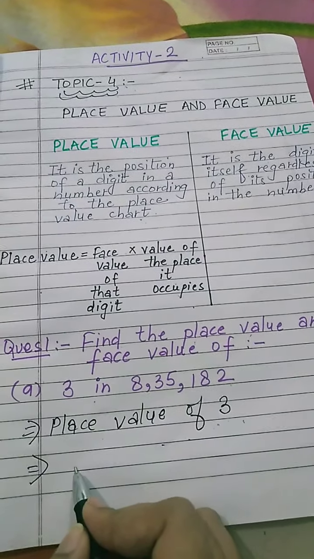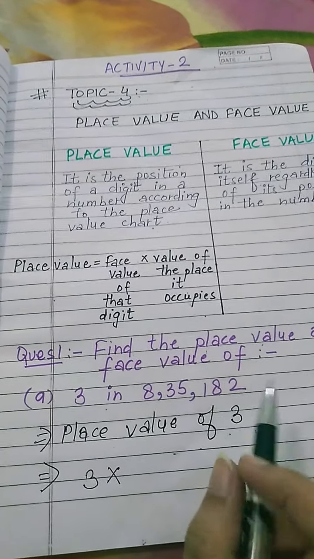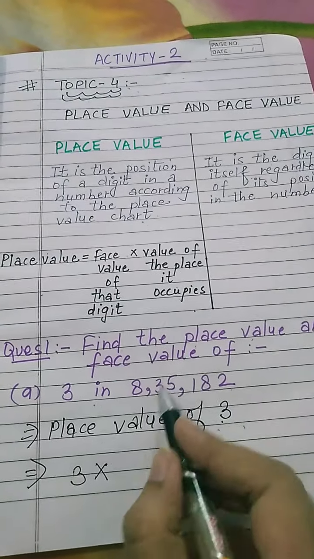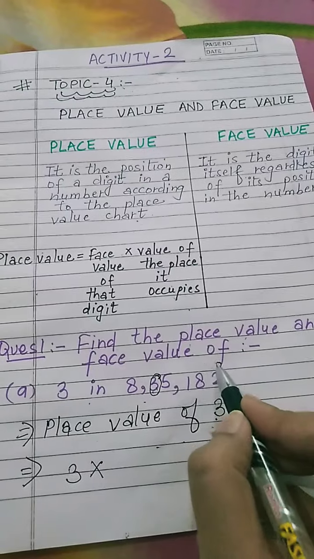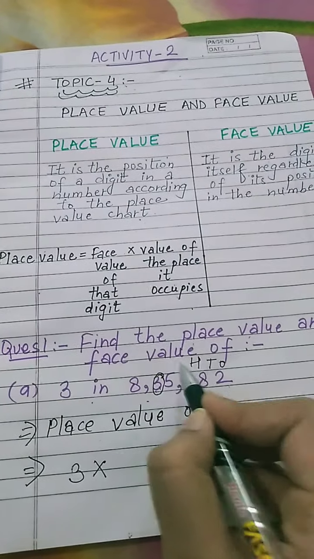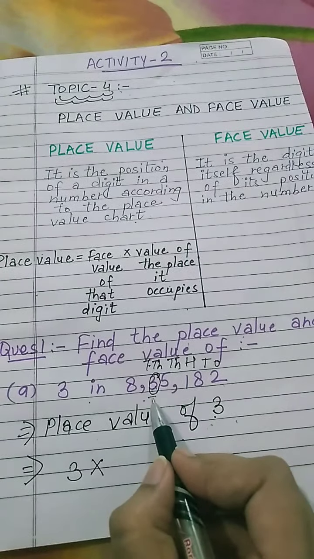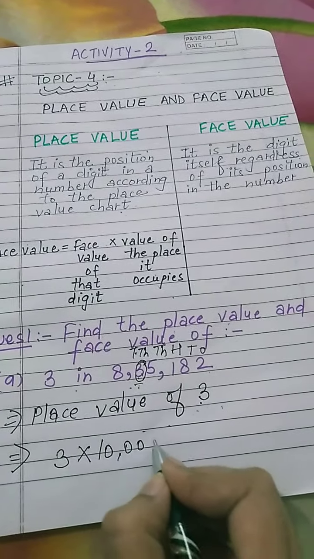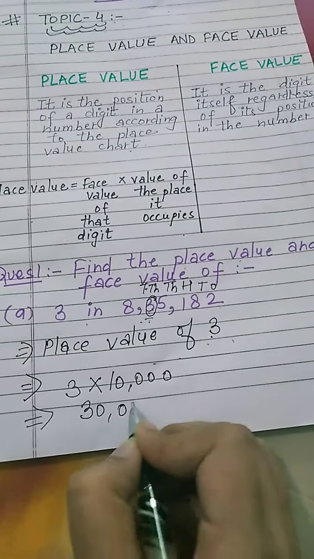So the face value of 3 is 3 multiplied by the value of the place it occupies. As we can see, 3 is at ones, tens, 100, 1000, 10,000. 3 is at 10,000 place, so we will multiply it by 10,000. After multiplying, we'll get 30,000.